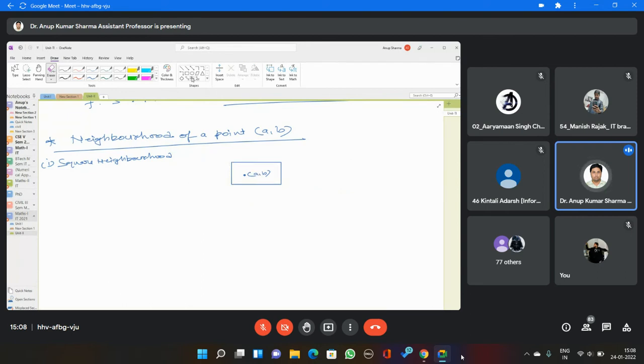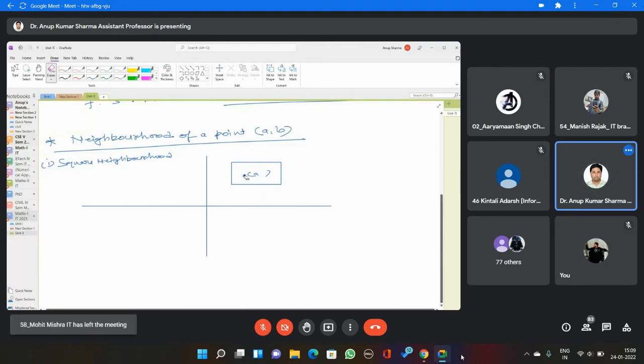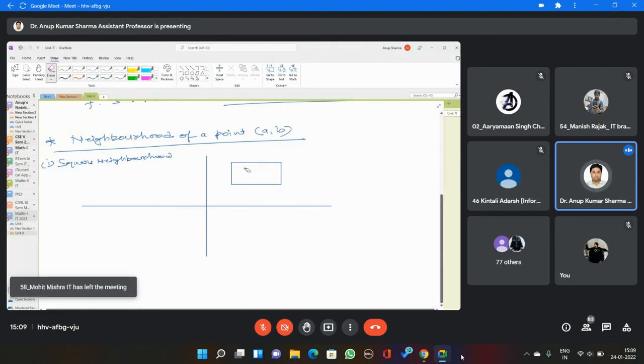Okay, so we can write in such manner. So here is the point represented, just like in the middle, and this is the point (a, b). So you can see this point.